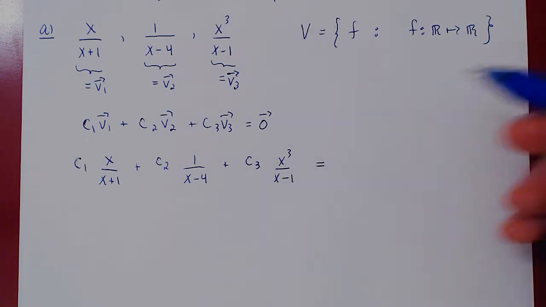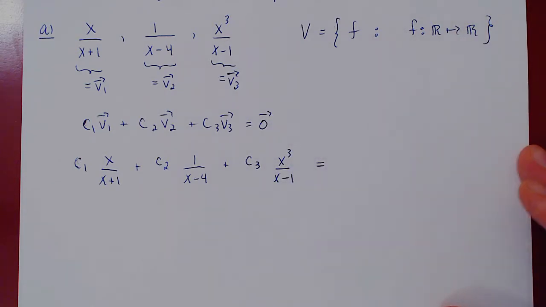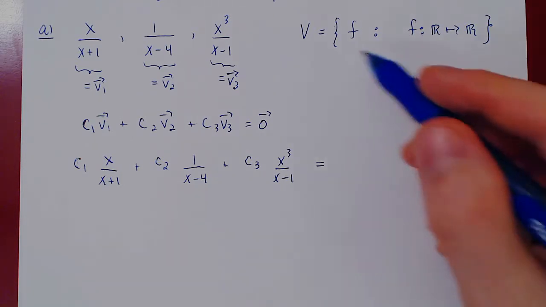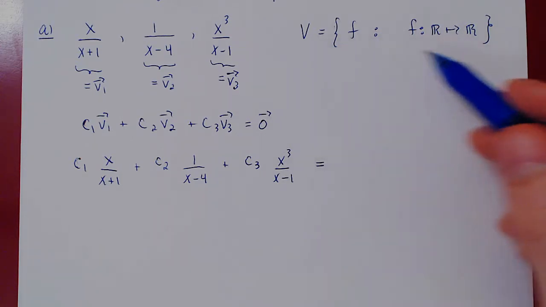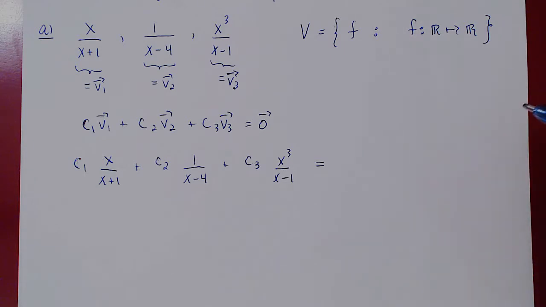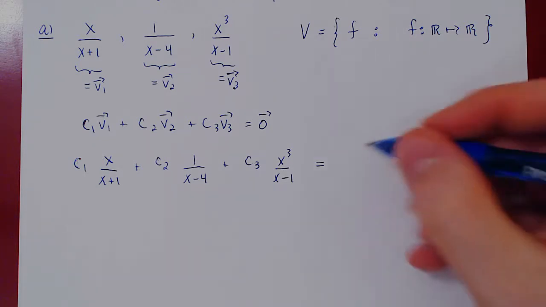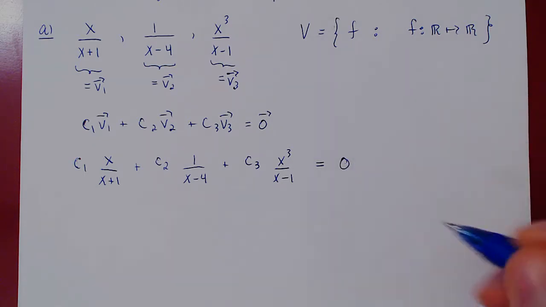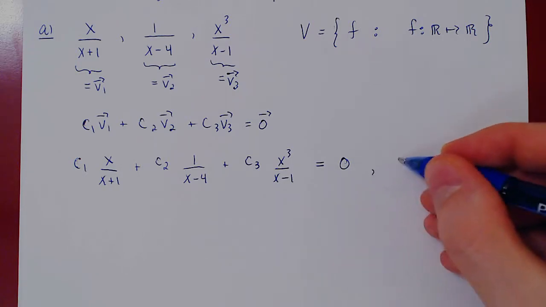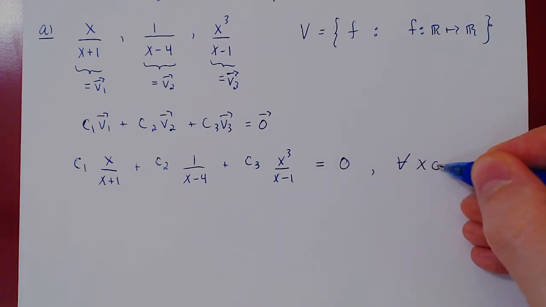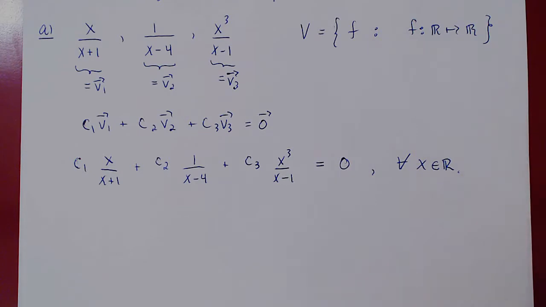And this is equal to the zero vector. The zero vector is the zero element of your space. As we have a space of real functions, the zero element is obviously the zero function. The function is equal to 0 for all real values of x. Now here we have two options.